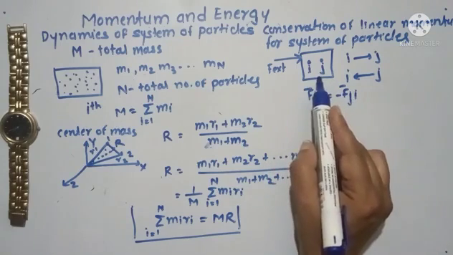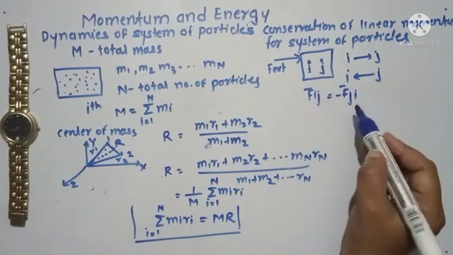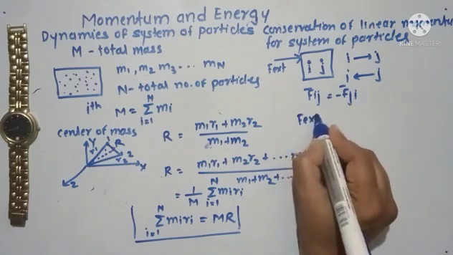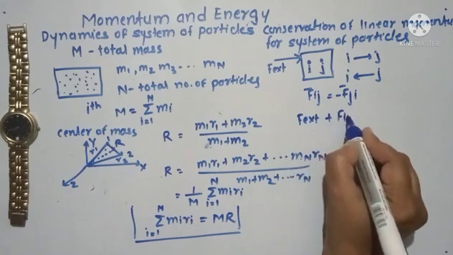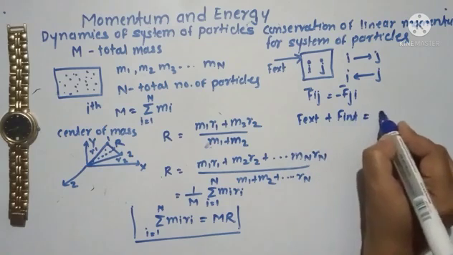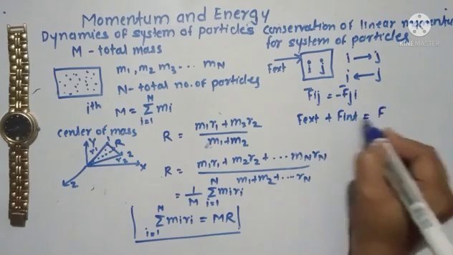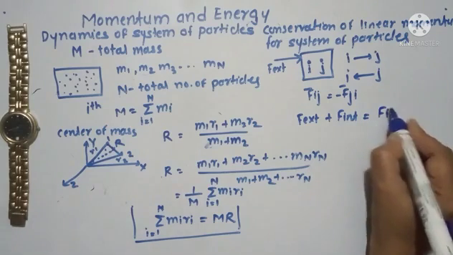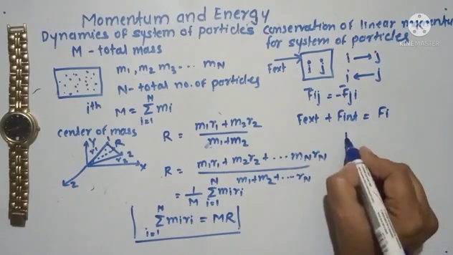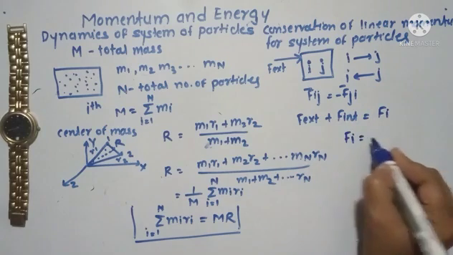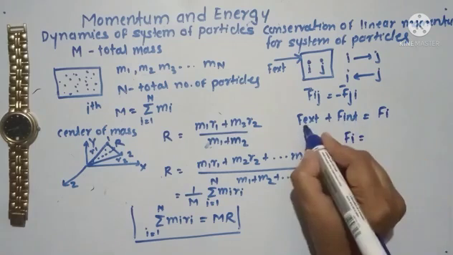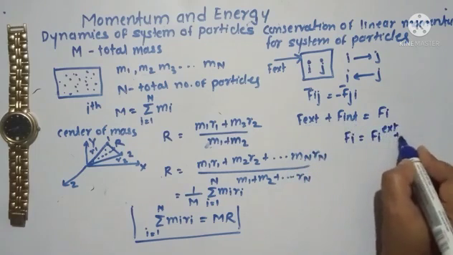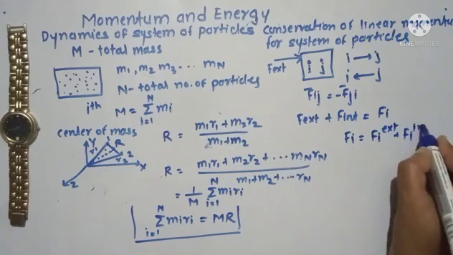Whenever there is a body which is moving from one place to another, two types of forces are acting on it: F external plus F internal. This is the total force on any system of particles. Now according to Newton's second law, if I take any particle, the total force on that ith particle can be given by Fi external plus Fi internal.